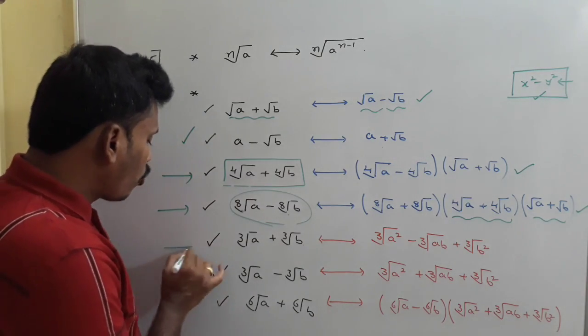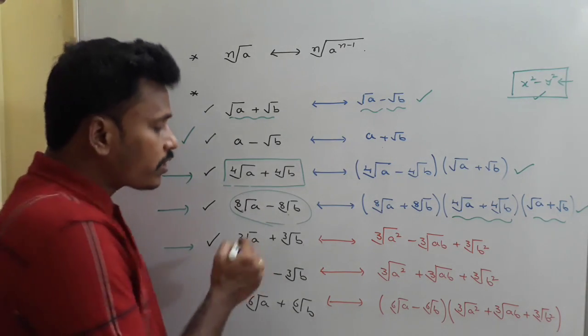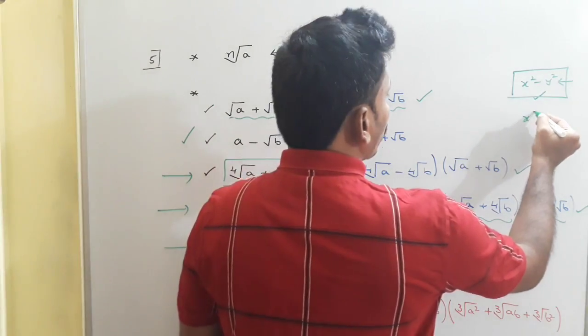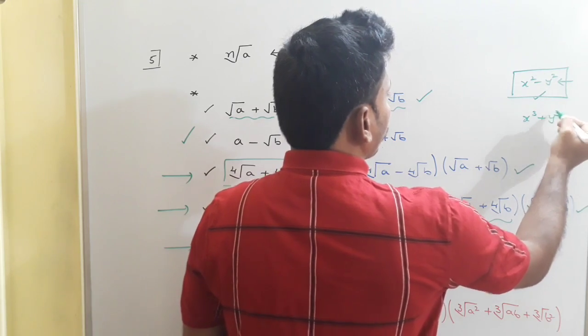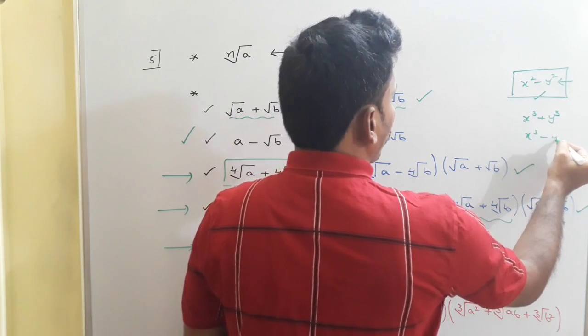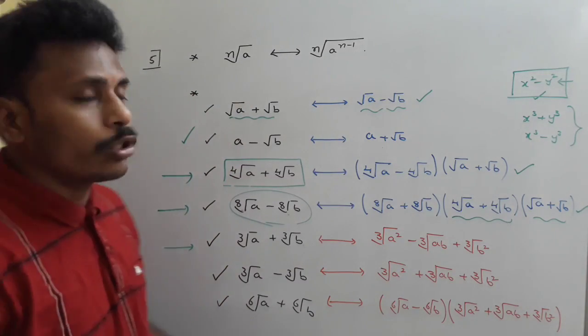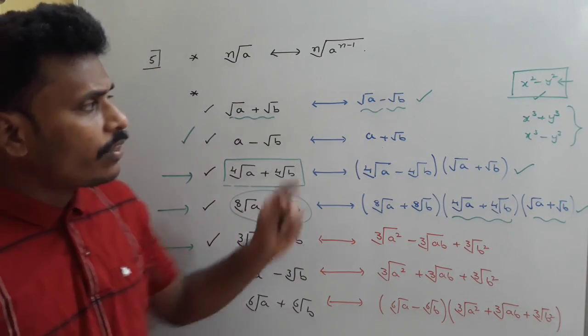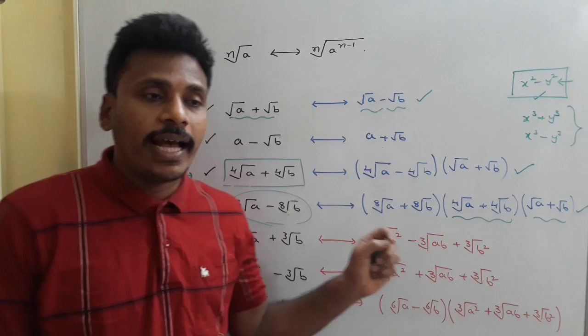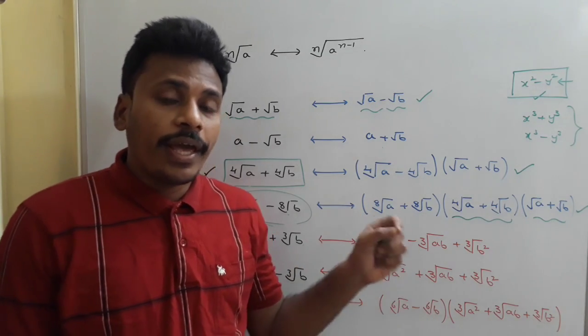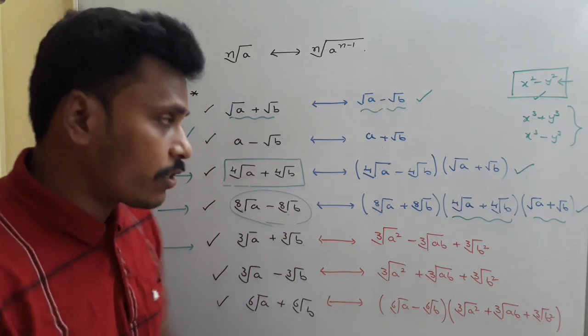As well, cube root a plus cube root b. This time, you need to use the x cube plus y cube formula. And as well, you need to use x cube minus y cube for the next one. As per the requirement, we need to move with those formulas. Okay. See, we have x cube plus y cube as (x plus y) into (x square minus xy plus y square).